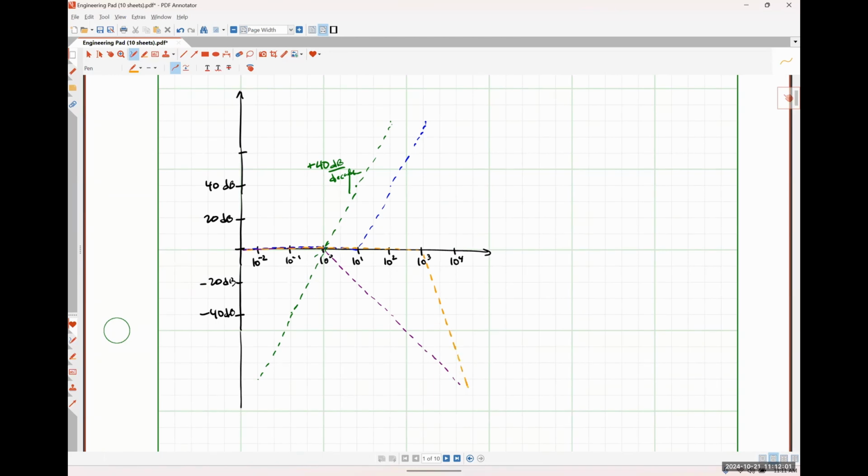And then we would add all of these things together. So let's just do that in maybe this hot pink or something. Okay. So at 10 to the minus 2, we've got a whole bunch of zeros, and then we've got negative 80. So here's 1 point. At 10 to the minus 1, we've got a whole bunch of zeros, and then minus 40. At 10 to the 0, everything is 0, so those add together nicely.